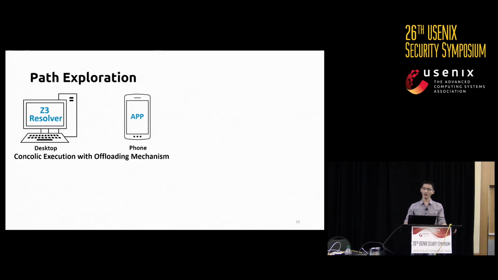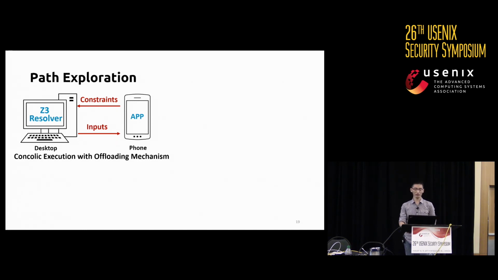Malton runs the target app on the mobile device with concurrent execution, and then outputs the constraints to the desktop. Then we resolve the constraints on the desktop using a solver and generate new inputs. And the new inputs will be pushed into the mobile device for exploring new execution paths.